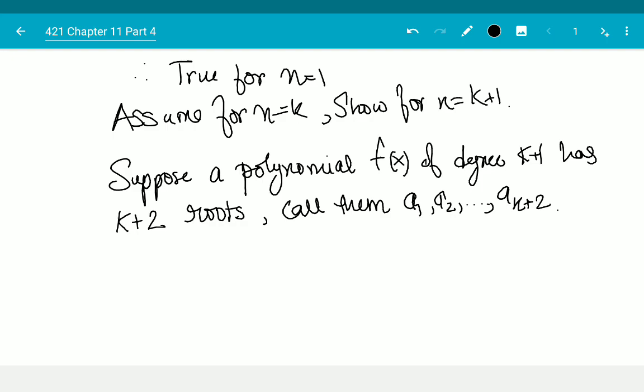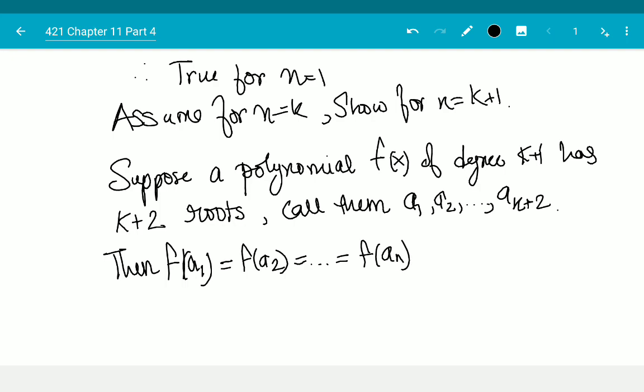So I have these k plus 2 roots. Then f of a1 is equal to f of a2 is equal to dot dot dot is equal to f of a(k+2) is equal to 0.